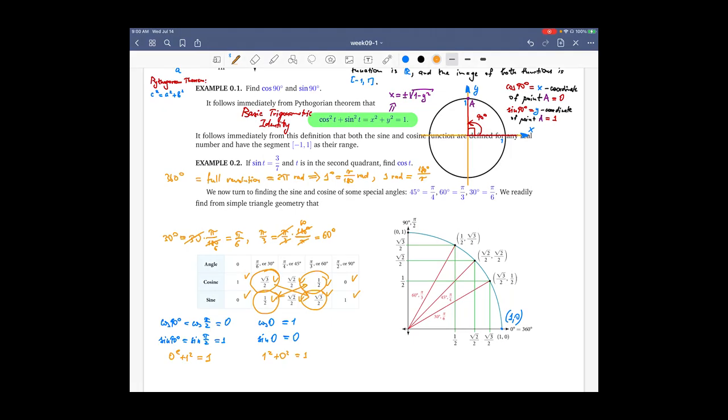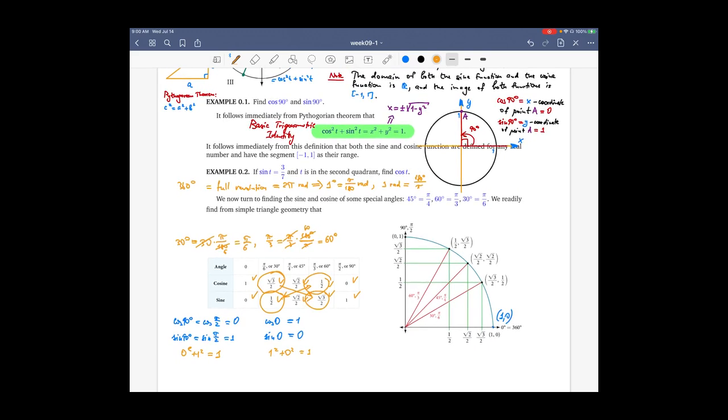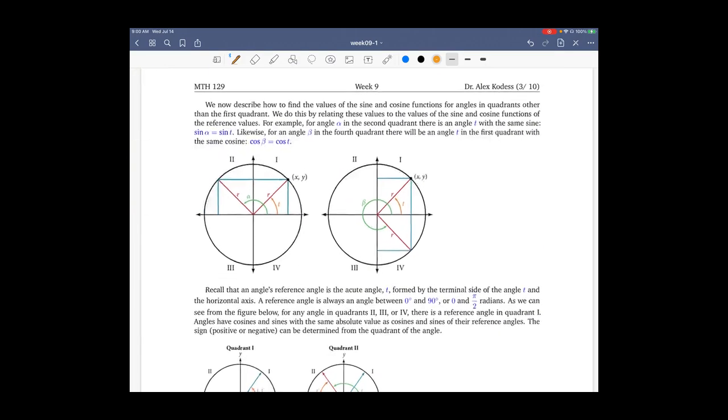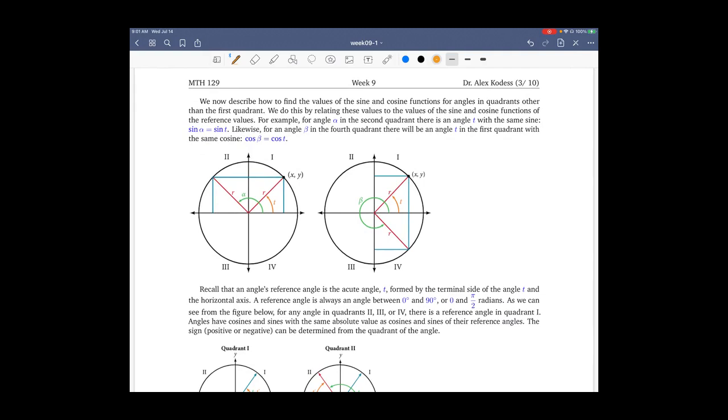So now we know how to find sine and cosine of angles in the first quadrant, 0 degrees, 90 degrees, 30, 60, and 45 degrees. But what about angles that are not in the first quadrant? How do we find the trigonometric functions sine and cosine for these angles?